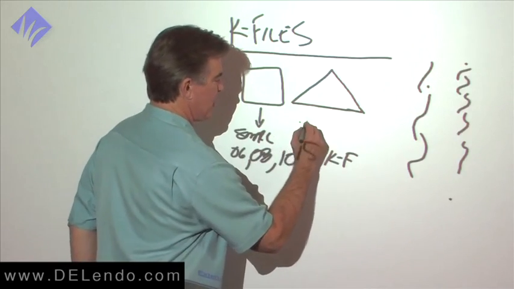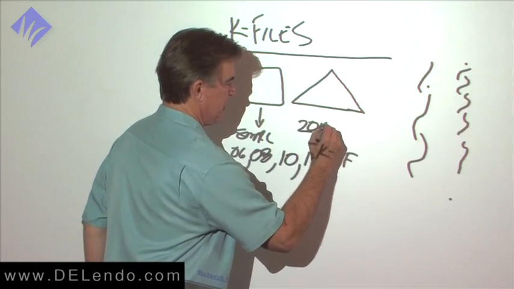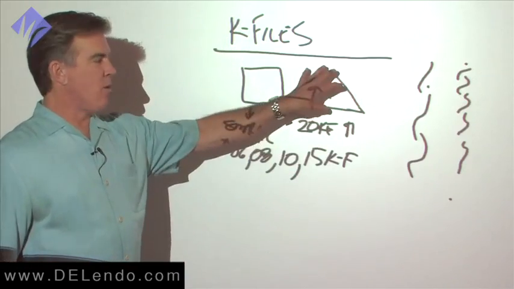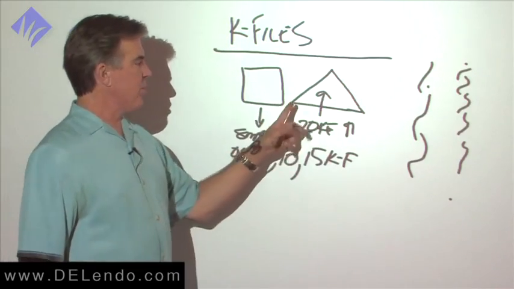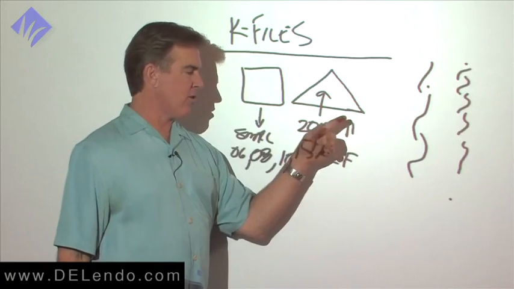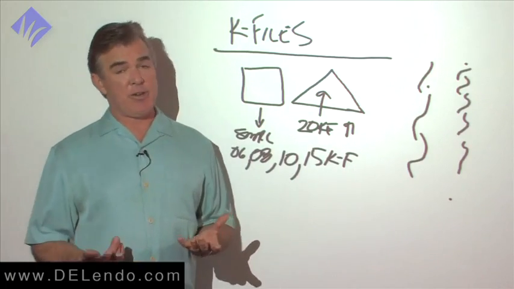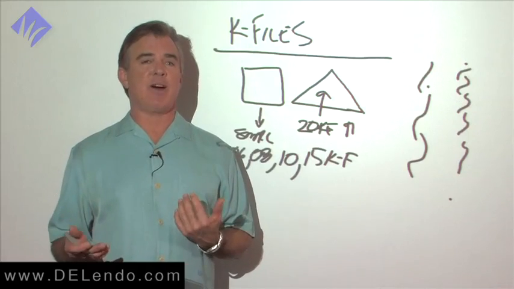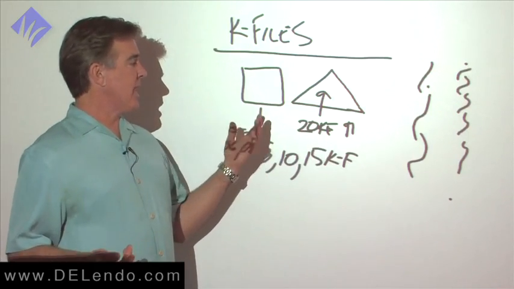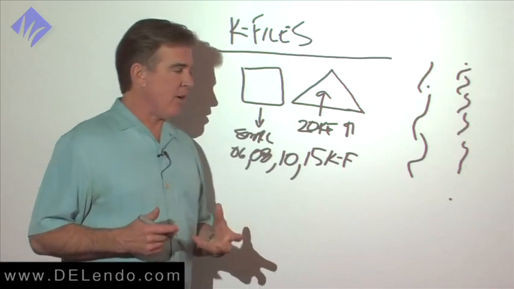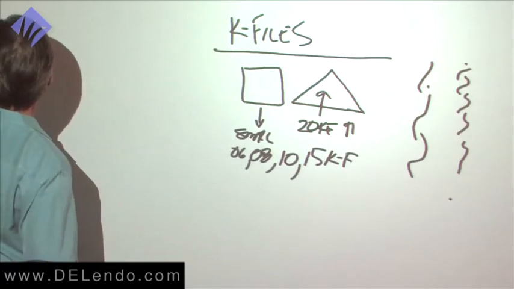As soon as I get to a 20 and up, I want less core diameter. I want more flexibility. So you're going to find most of the 20 and larger, or I would choose them, to be triangular. You need to check with every manufacturer. They have several lines of K files. They could have a line that's square all the way up to the large sizes. But check it out and make your choices accordingly.